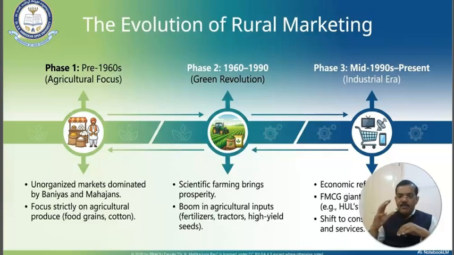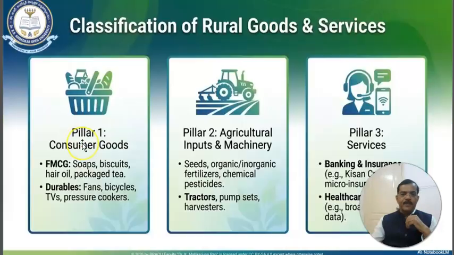Economic reforms like LPG, liberalization, privatization, globalization, and the IT boom allowed FMCG, fast moving consumer goods, to directly target rural households, as we saw with Hindustan Unilever's Operation Bharat, along with a clear shift towards durables and services, friends. So we have three phases of rural marketing evolution in India.